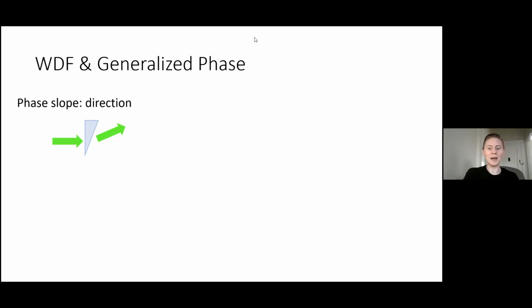And we noticed from this little linearized model that the phase slope will give you the direction of the beam. We can actually reverse that intuition and use it to define the phase: if I know the direction u that I'm propagating, the phase of whatever my object is is just the thing whose slant gives me that direction.